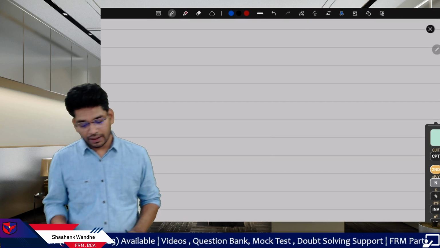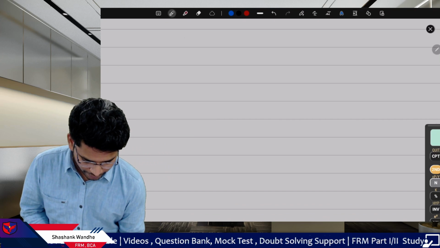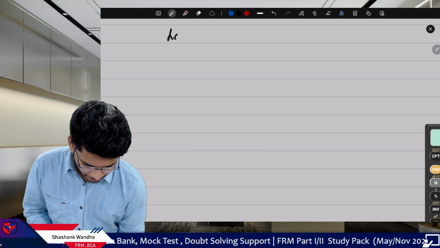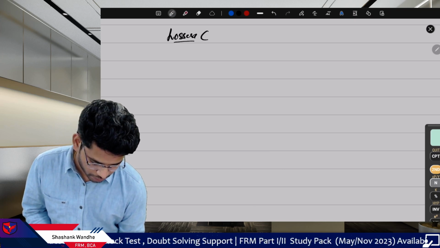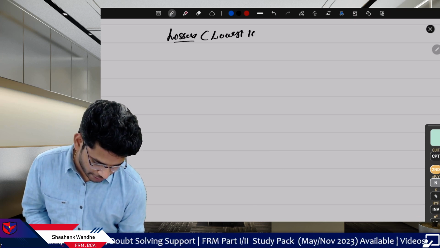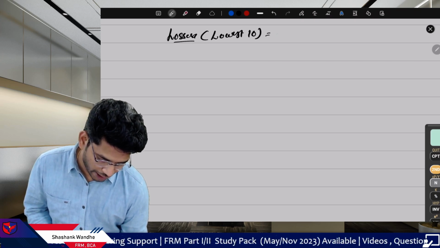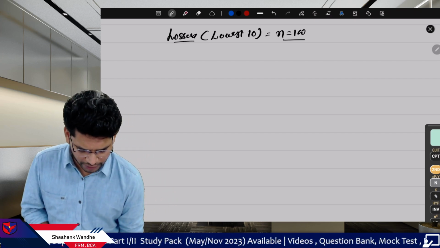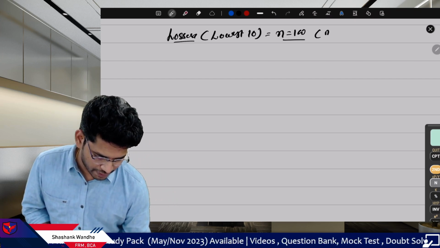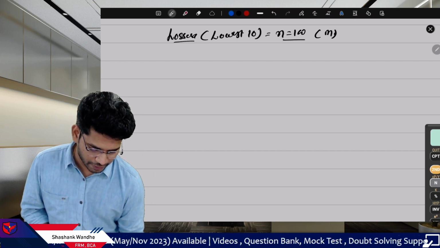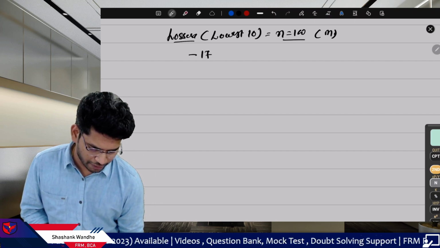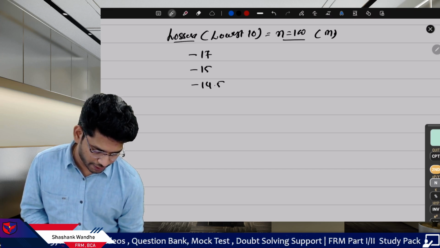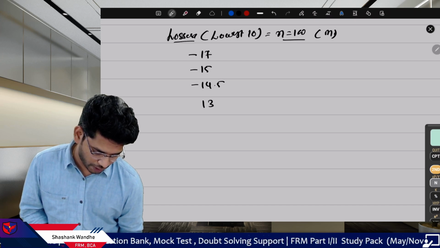Now let's see. I will assume some lowest values, the losses, lowest 10, where n is equal to 100. So out of 100, we are just taking the lowest 10. I am just assuming all the values. All the values are in millions. So let's say we start with 17 million, 15 million, 14.5, 13, 12.2.